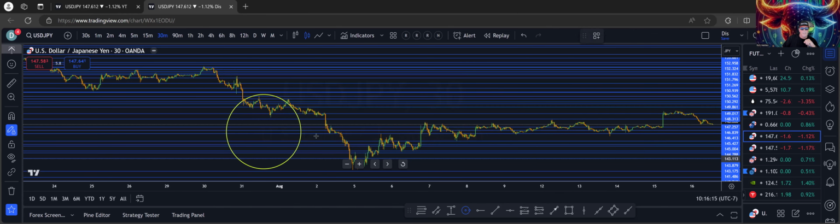A monthly candle area. So the point is, why are you looking at a higher time frame if you're trading on a lower time frame? What is that going to do for you?